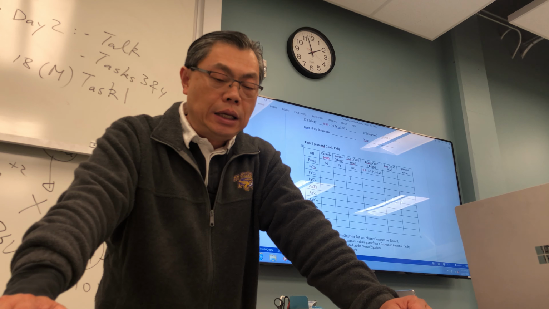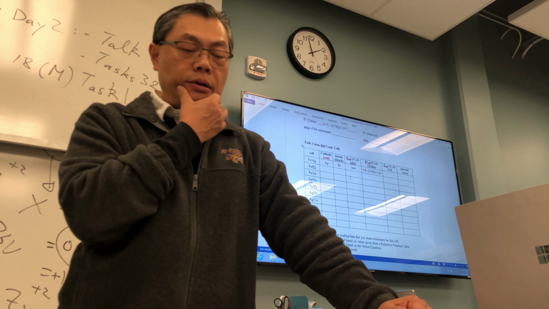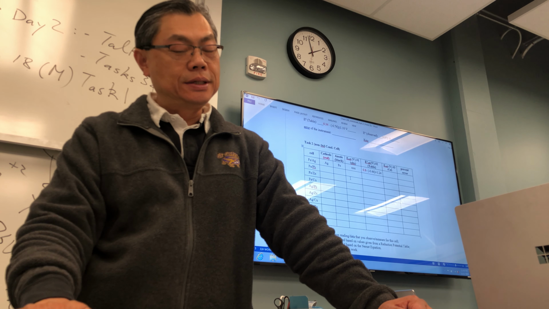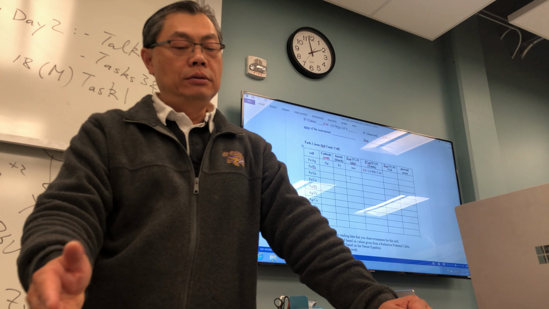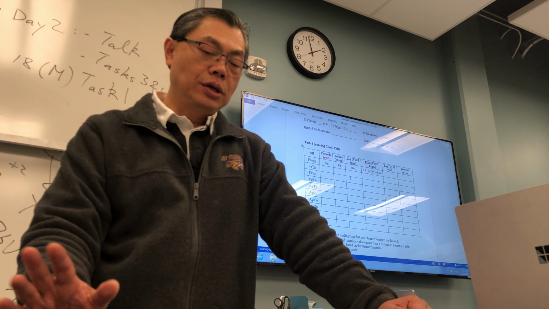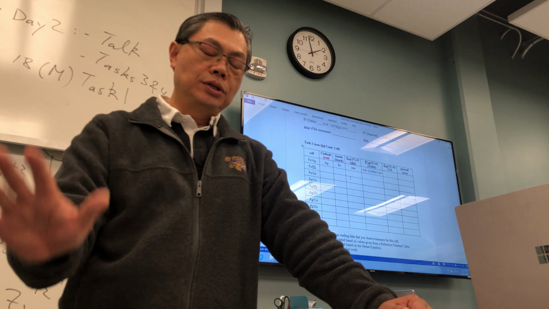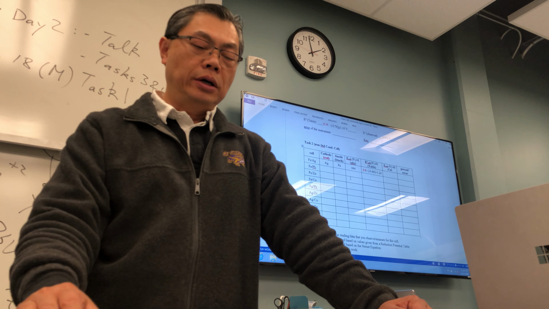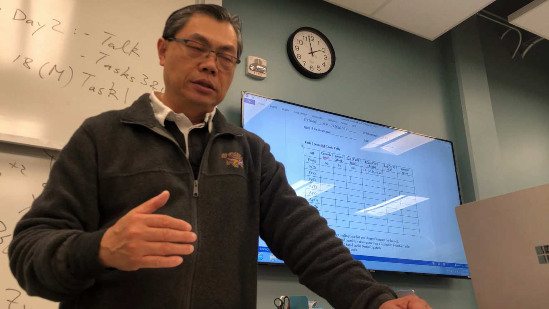So you can see a general equation: E sub cell, the cell voltage, equal to E sub 0, that's standard condition, minus RT over NF natural log Q. So Q would be your quotient, whatever your concentration may be in your experiment condition, product over reactant.